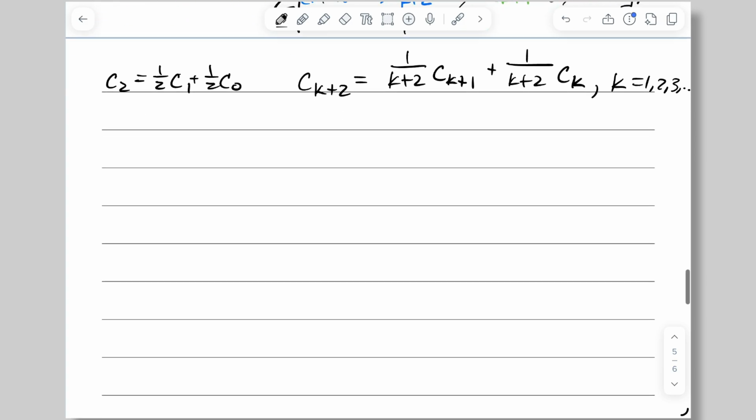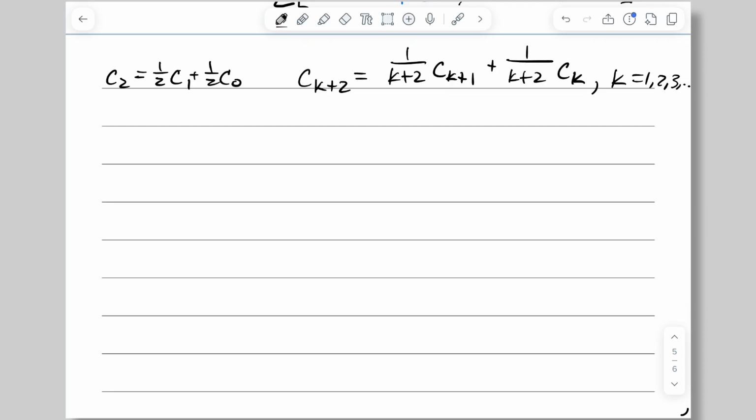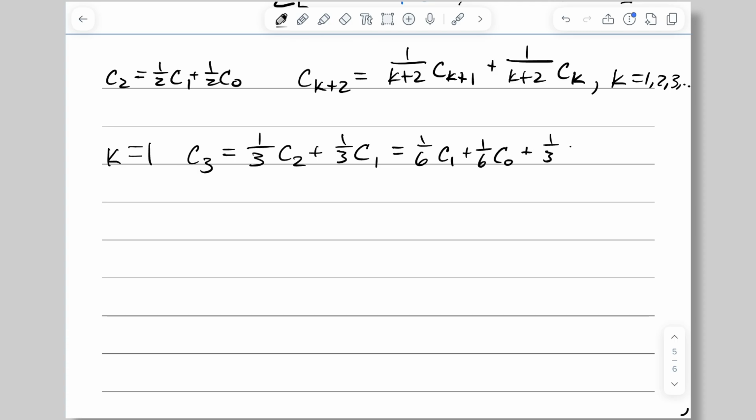I'm going to start us down a path that we're not ultimately going to stay on. If k is equal to 1, then we have c sub 3 is equal to 1/3 c sub 2 plus 1/3 c sub 1. C sub 2 can be replaced by 1/2 c1 plus 1/2 c naught. That's going to result in 1/6 c1 plus 1/6 c sub 0 plus 1/3 c sub 1.